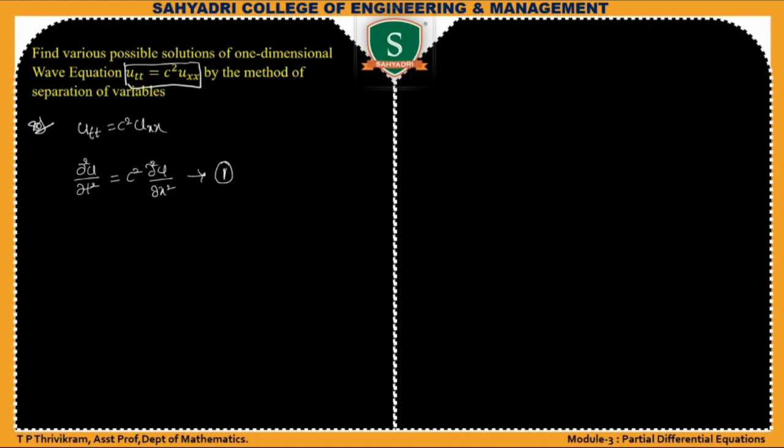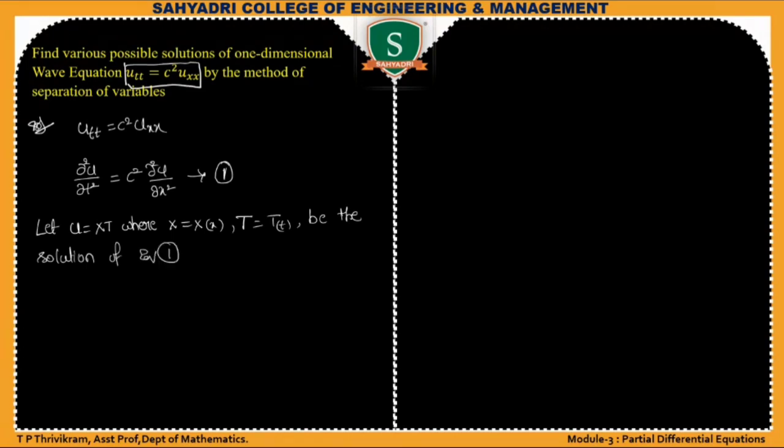Now how will you solve using the method of separation of variables? First we'll write the given, let u is equal to XT, where X is a function of x, T is a function of t, be the solution of equation 1.